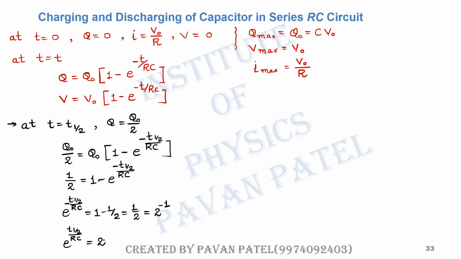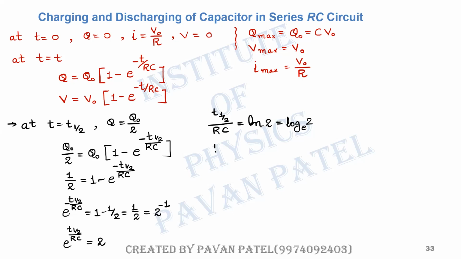Now we want to remove the exponential function because we want the value of t half. So here we will take the log, right? So t half divided by RC is equal to ln2. Please remember the value of ln2. ln2 is log 2 base e, and the value of ln2 is 0.693.